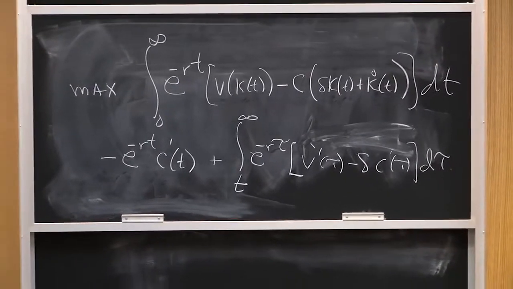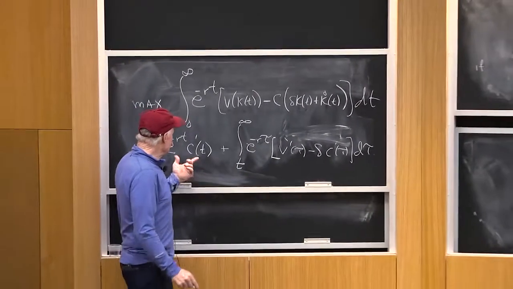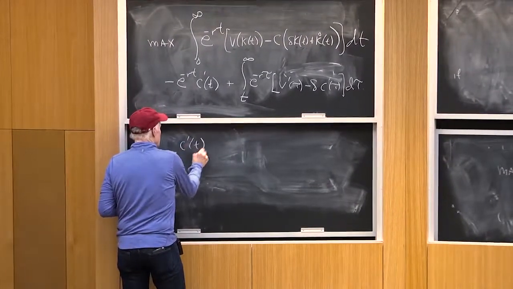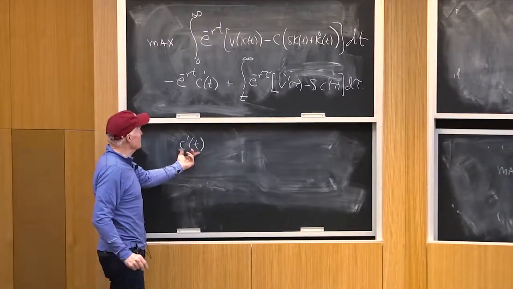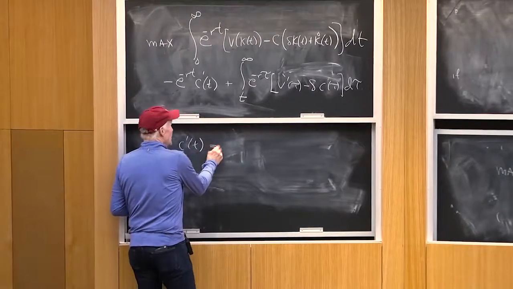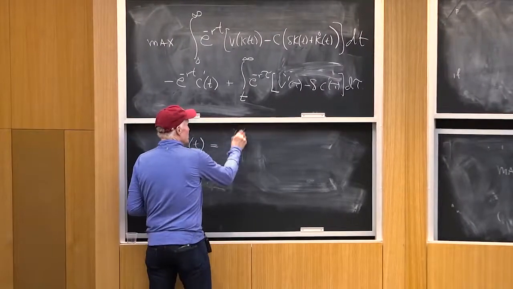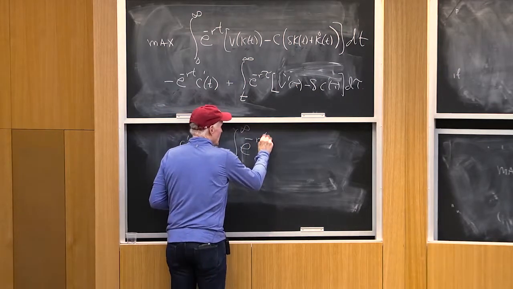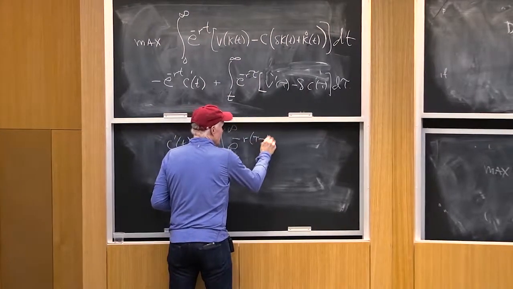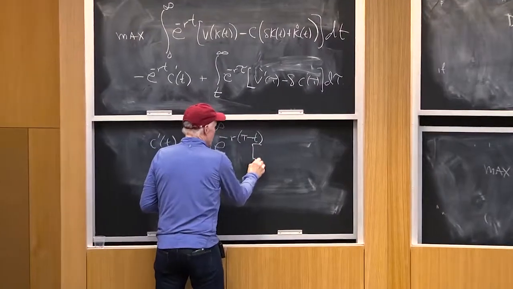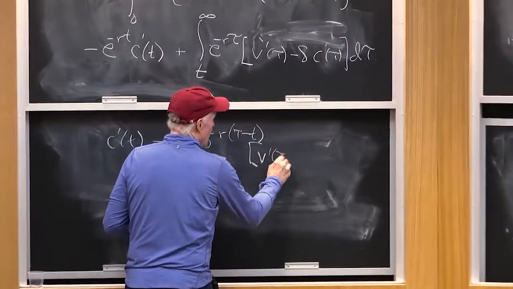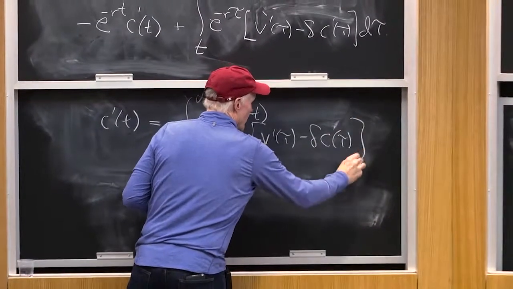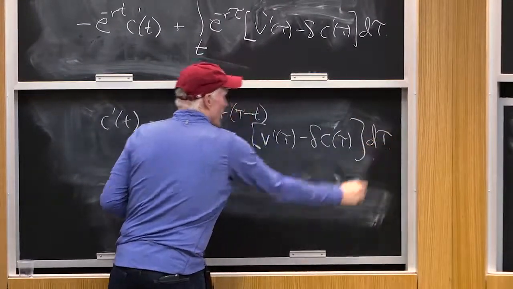And that's the answer to your question. In this case, I'm going to get C prime of t, which is the marginal cost of investing at date t, has to be equal to the integral from t to infinity of e to the minus r (tau minus t) times (v prime of tau minus delta c prime of tau) d tau.